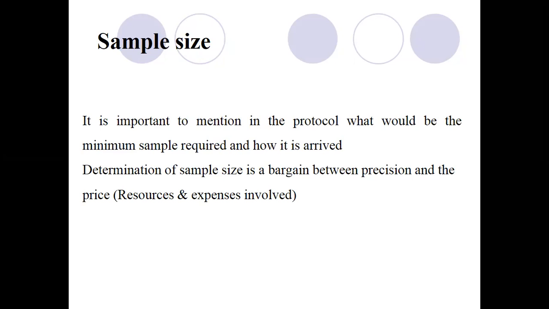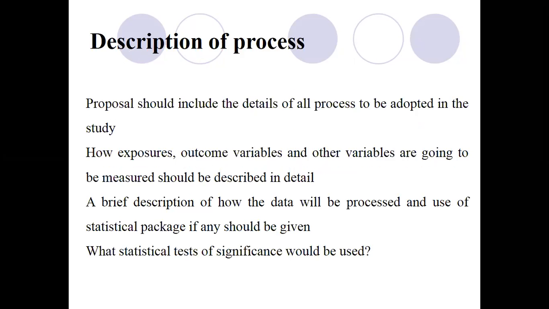If a specific community has 1 lakh people, and you are just taking 10 people as a sample, the sample size will not be good. So you have to take a handsome number of samples randomly to give a specific conclusion.